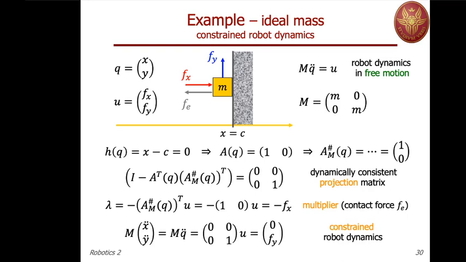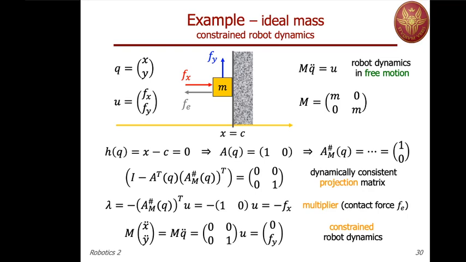Finally, the constrained robot dynamics, which uses the dynamically consistent projection matrix, is M q double dot, where the M is constant in this case, so there are no Coriolis or centrifugal effects, and there is no gravity indeed because this contact is on the horizontal plane, and then we have to dynamically project the input u, and this is multiplying u by the matrix 0, 0, 0, 1, so essentially extracting only on the second equation the actual command f of y.